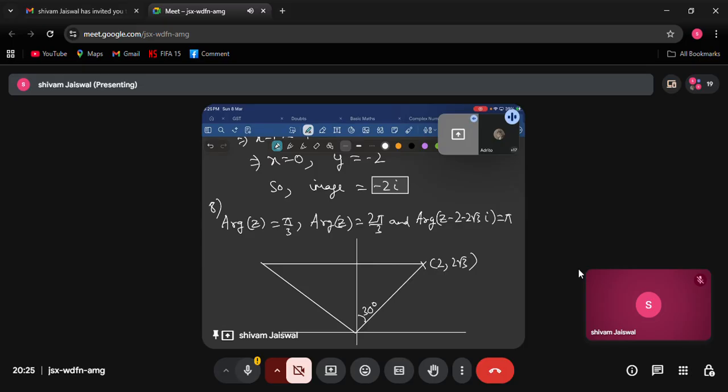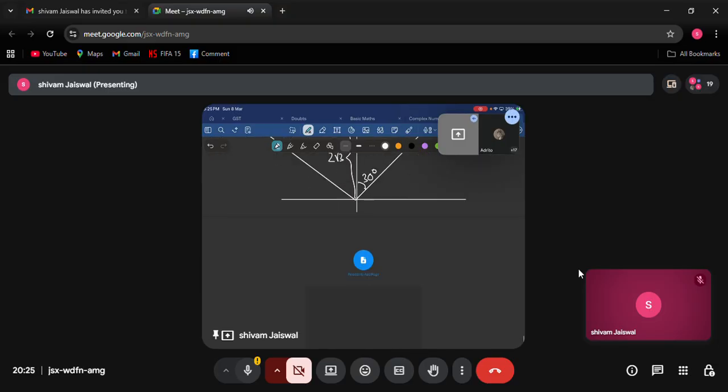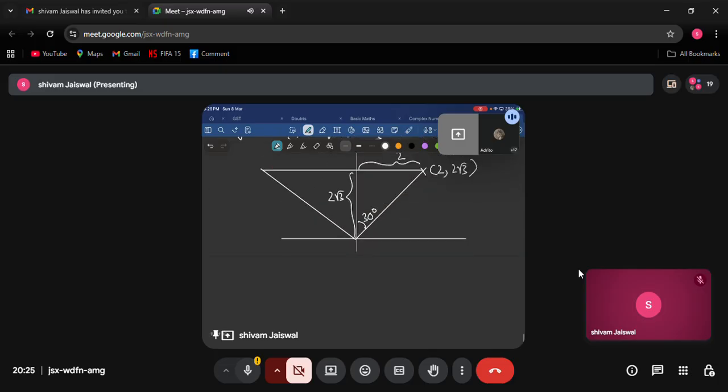And this particular length, this length is how much? 2. Okay, so what is the base? This one is 2 root 3, right? I think 2 root 3 only. Okay, so area is equal to half into 2 root 3 into 4. That will give us 4 root 3.